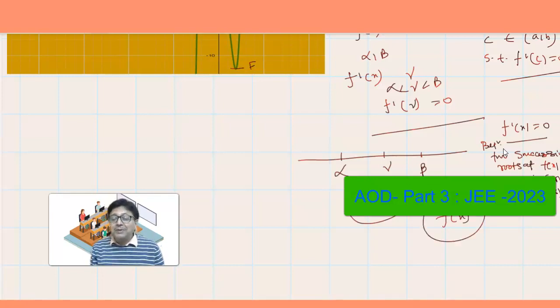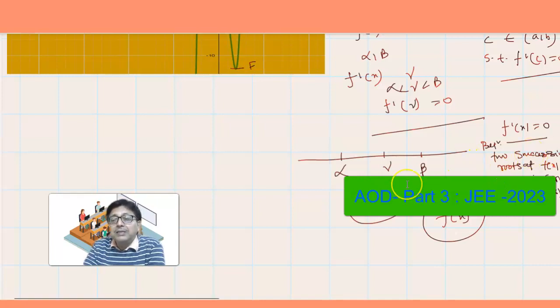You need to get fx from f dash x, then check whether Rolle's theorem conditions are applicable, and only then can we say that f dash x equal to 0 has a root between two consecutive roots of fx equal to 0. We will discuss more about it.